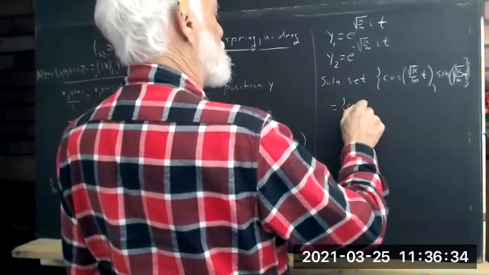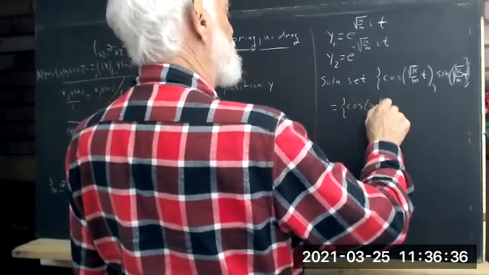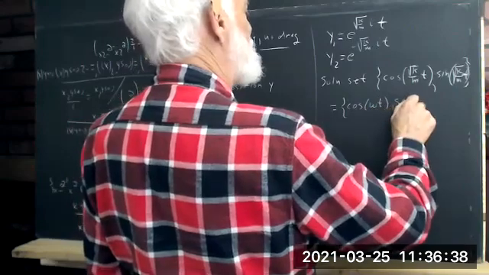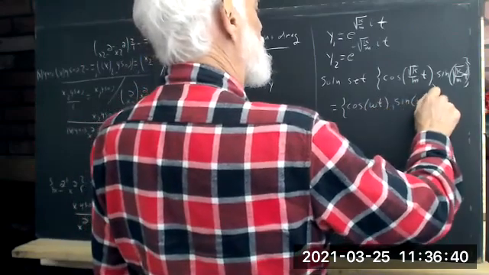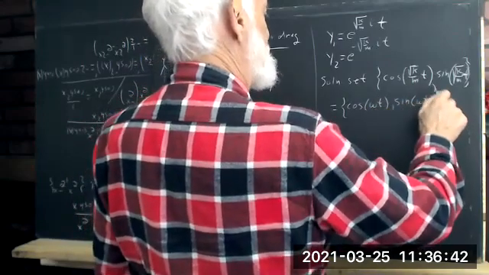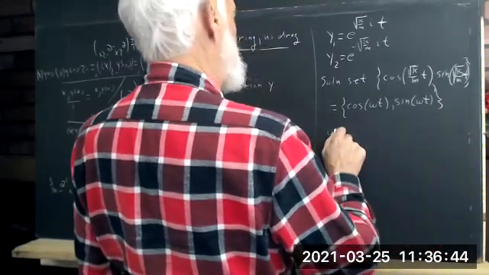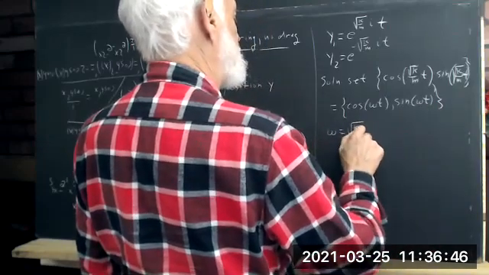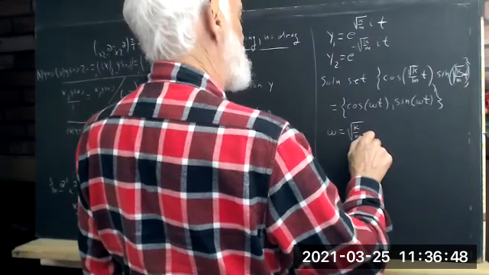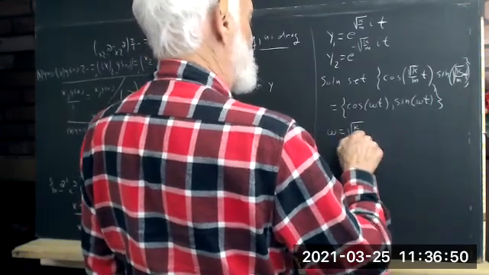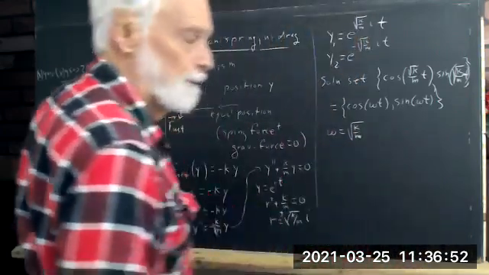But I'm just going to write this now as cosine of omega t, sine of omega t, omega equals square root of k over m.